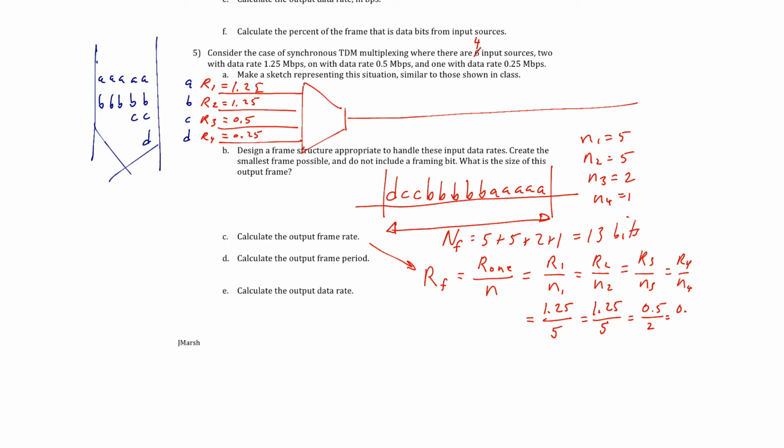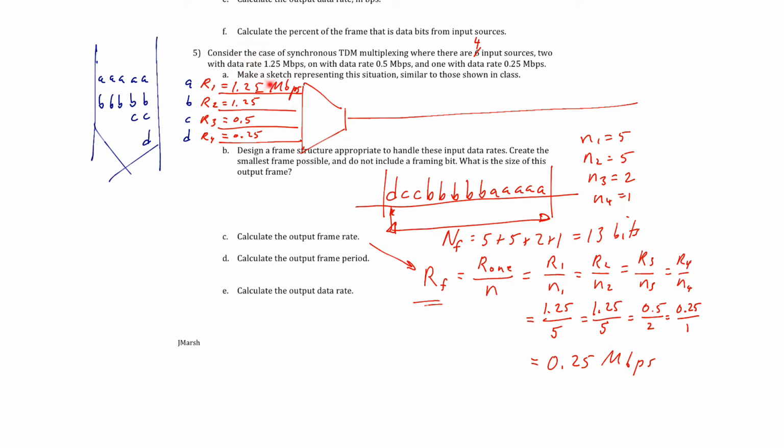And indeed, all 4 of these equal 0.25. And so this is the frame rate, and if this is 1.25 megabits per second, then this is going to be 0.25 megabits per second. So this is one way of checking that you've got the number of bits in the frame correct: if you divide the data rate by the number of bits, it should equal a constant for all sources. That ensures you're doing it right.